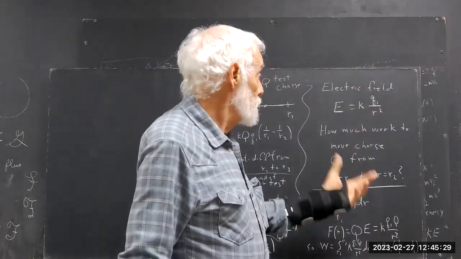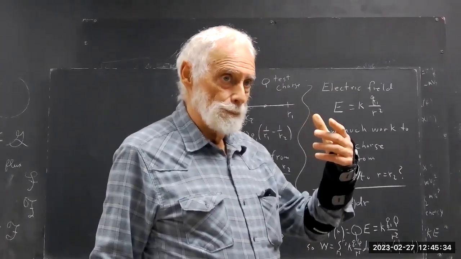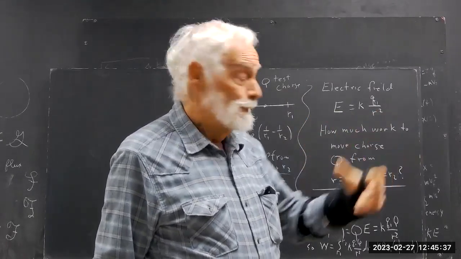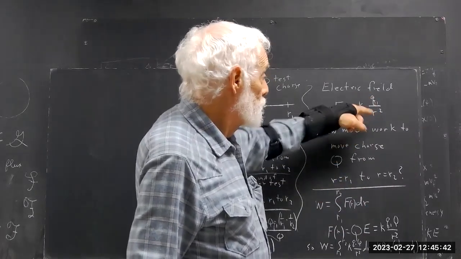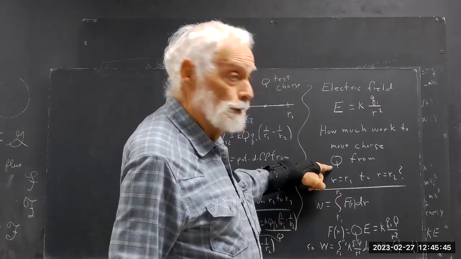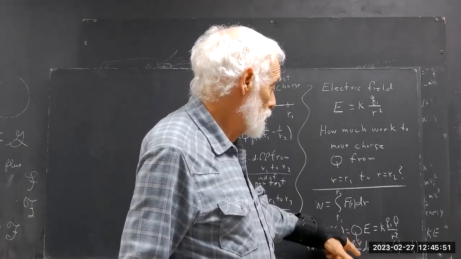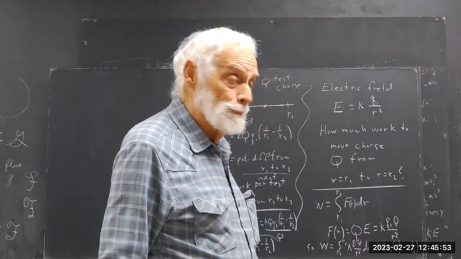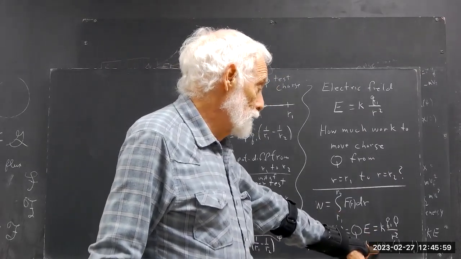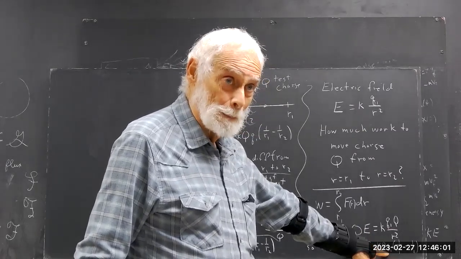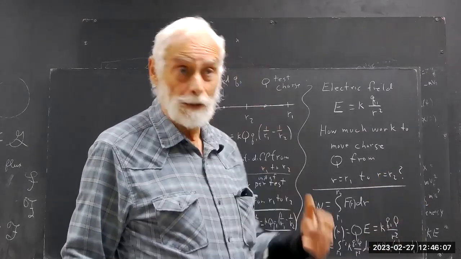For the gravitational potential energy of a given mass, you use m instead of Q. You have the gravitational pull of the Earth, you have mass, and you have big G, big M, little m over R squared. It will come out the same. By analogy, you should have a good context for understanding this.